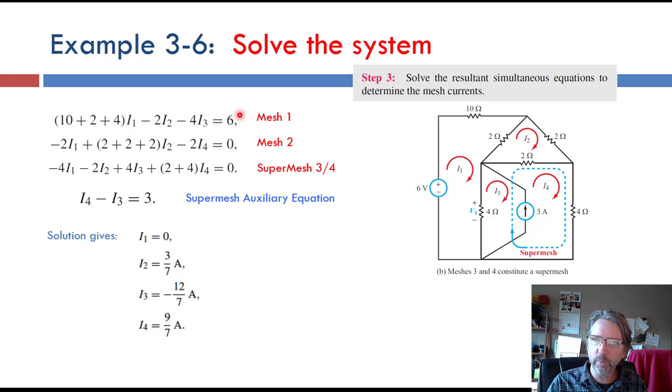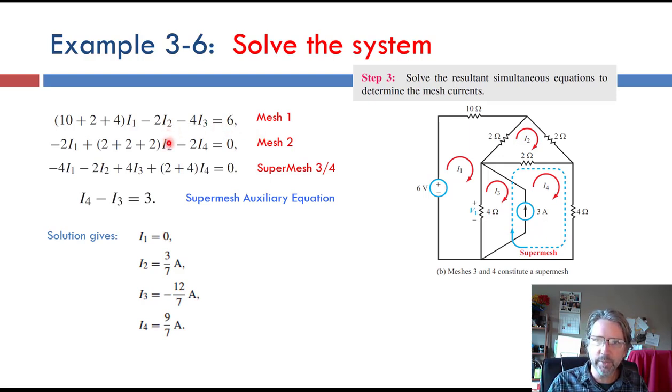So now we ended up with 4 meshes. We ended up with 4 equations, 2 regular mesh equations, a super mesh equation, and an auxiliary equation. One interesting thing that is a good thing to check to make sure you didn't do any really simple mistakes by confusing what kind of an element is, is to see what are the units of these equations.